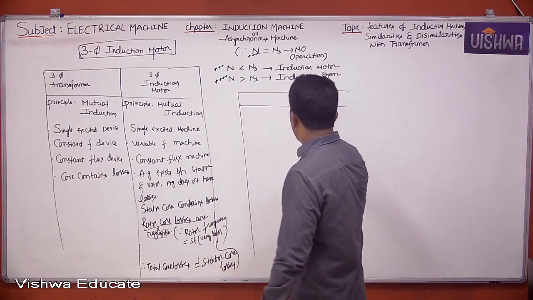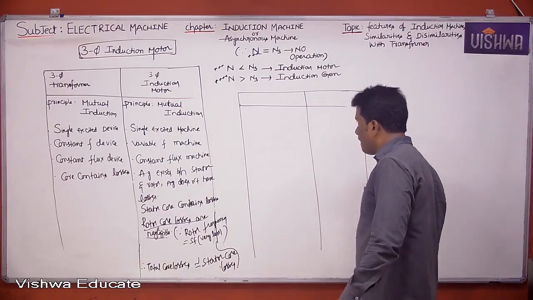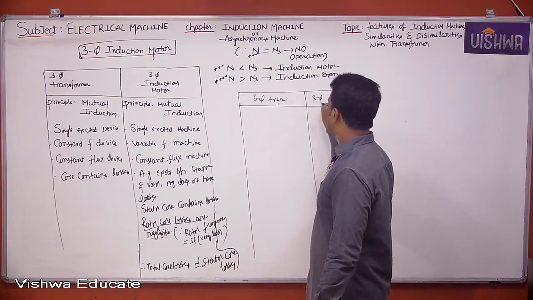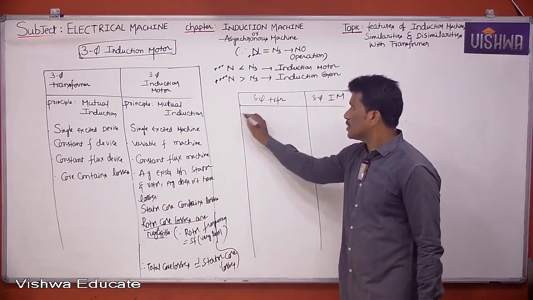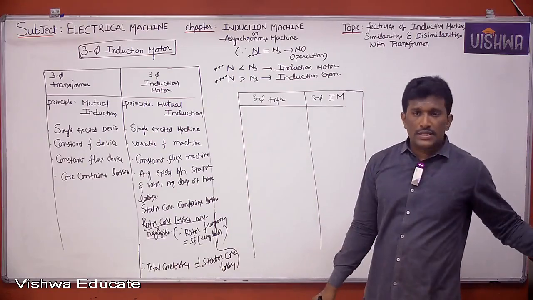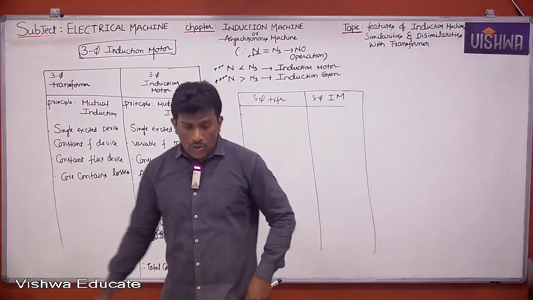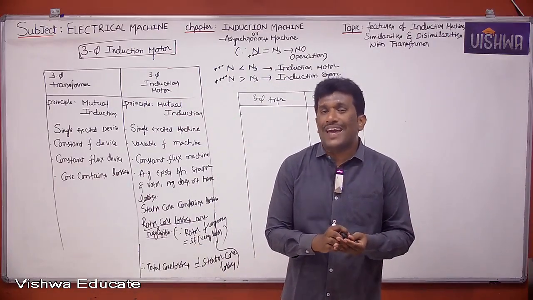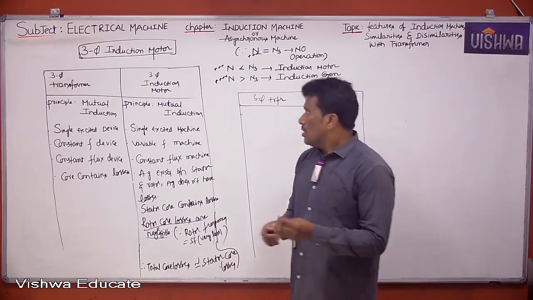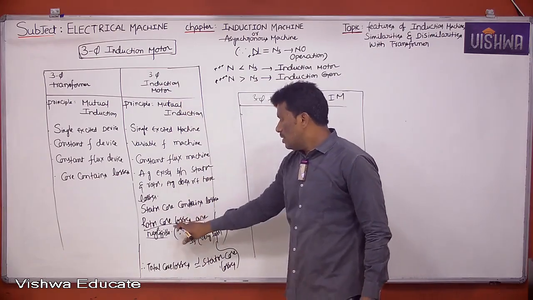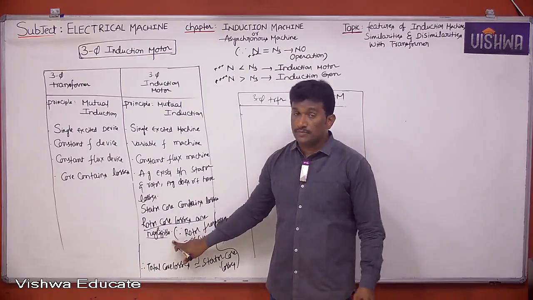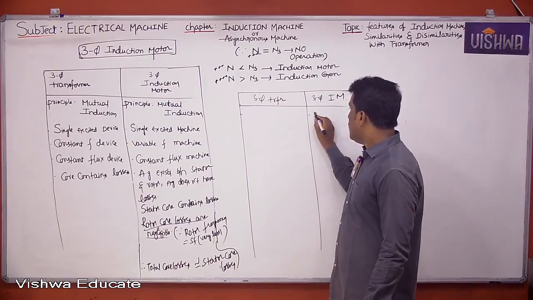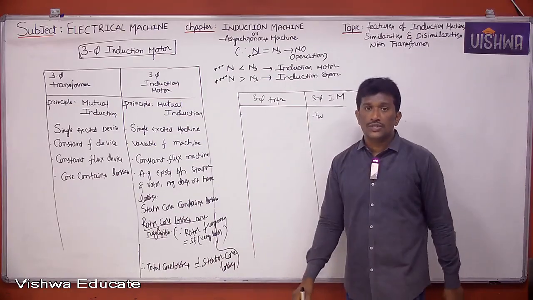Next point. See, a 3-phase transformer and a 3-phase induction motor. We discussed in the transformer, IW is the current which is used to represent your iron loss or core losses. I told you in an induction motor, rotor core losses are negligible, but stator core losses are there. That's why IW is used to represent stator core losses.